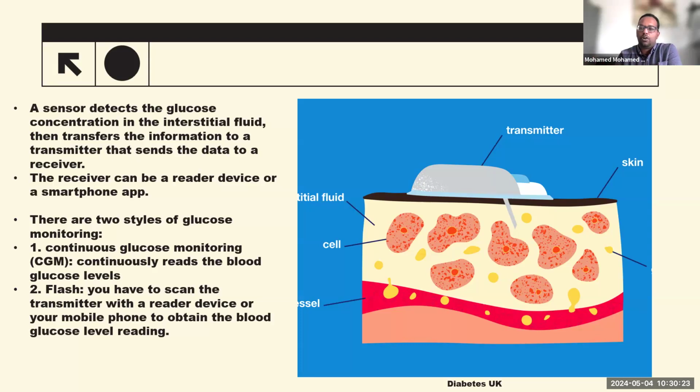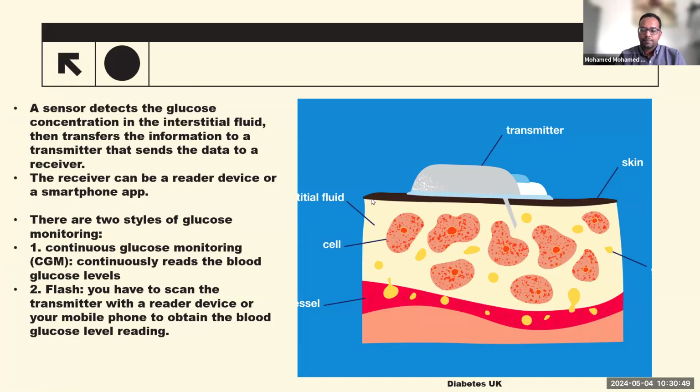Most of the children you've seen with diabetes probably have this CGM one. It just sends the messages to the application on the phone. They just open the app, look at the screen, and they know what their blood glucose is. The second style is flash, in which you scan the transmitter with a reader or the mobile phone to obtain the real blood glucose reading. So these are the two styles of that.